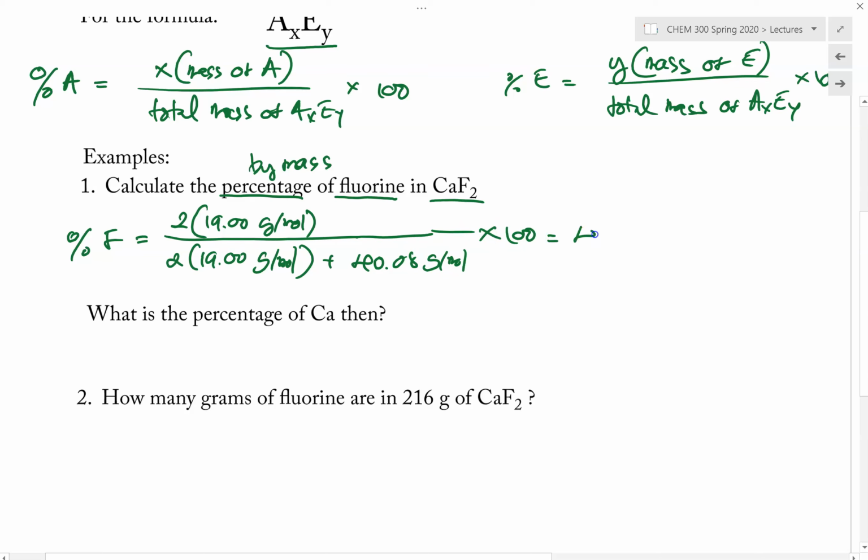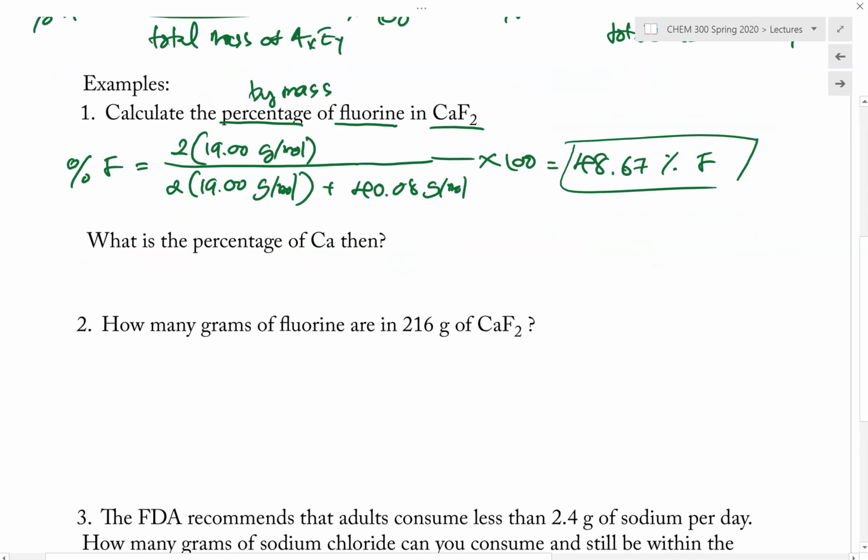So we get 48.67 percent fluorine. What this means is that fluorine is 48.67% by mass. And if we were asked for the percentage by mass of calcium, we can set up the equation as follows.